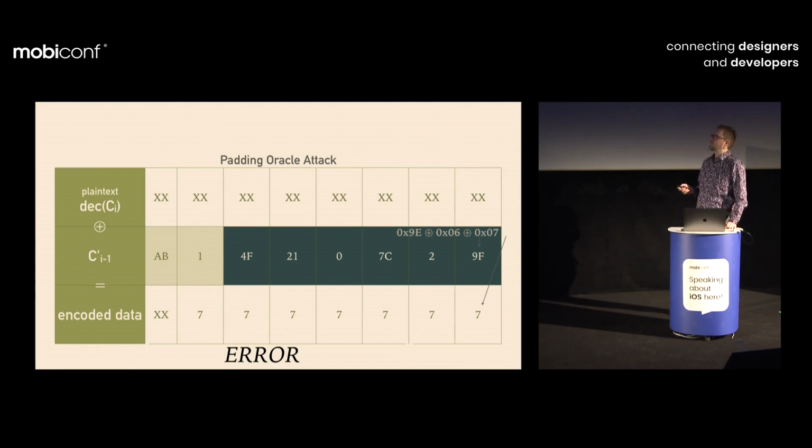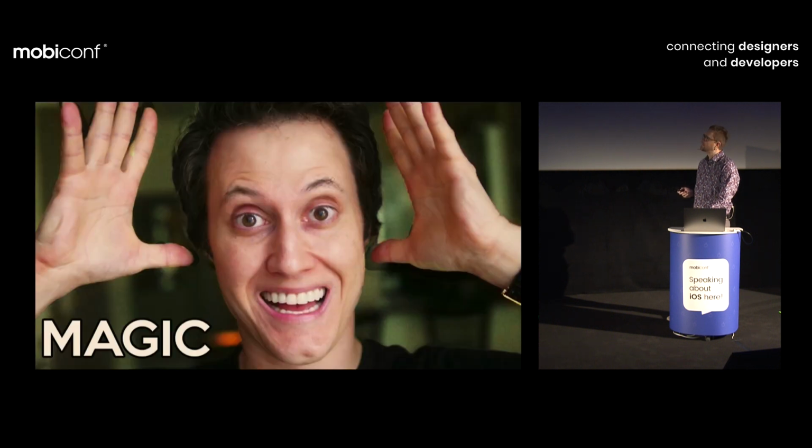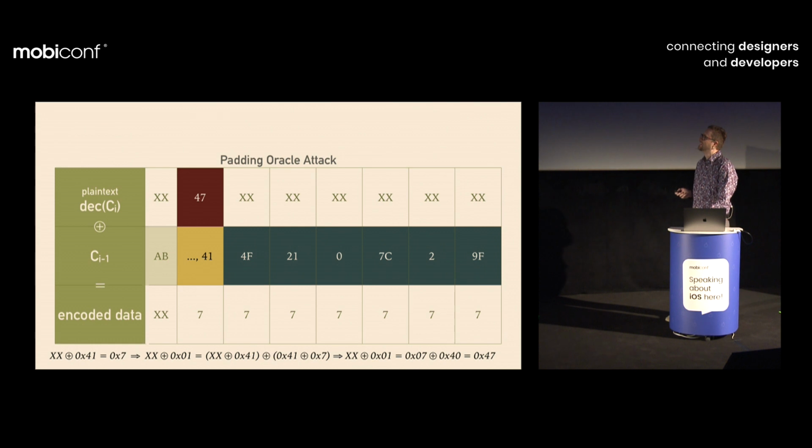And the oracle will tell, okay, I was able to decrypt this ciphertext or not. If I was not, I was not. But I will change that value until it succeeds, right? It's magic. When it succeeds, with some basic math, but it's really basic, I mean, it's not complicated, it just looks so, we can figure out that the plain text is, in this case, 47 hex here.